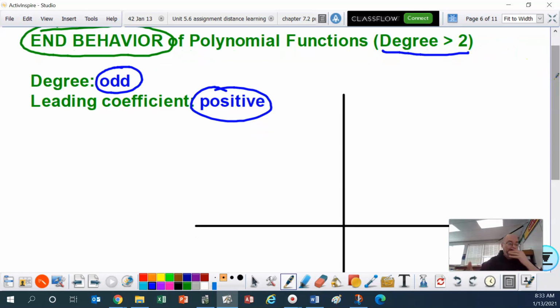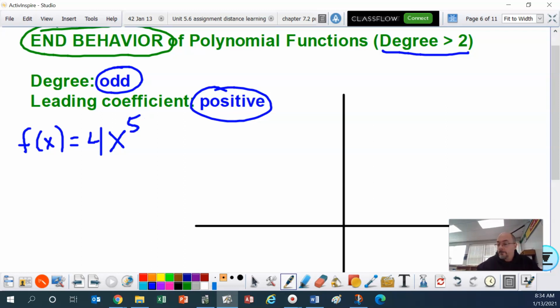So for example, I'm not going to write out the whole polynomial here. Let's say I have f of x equals, okay, any positive lead coefficient. So I could say 4, and then x to the, the degree has to be odd, so it could be a 5. The lead coefficient doesn't have to be an integer.